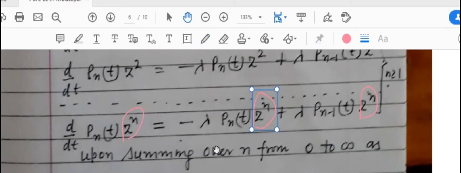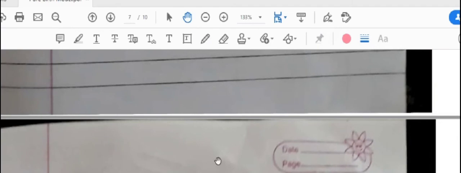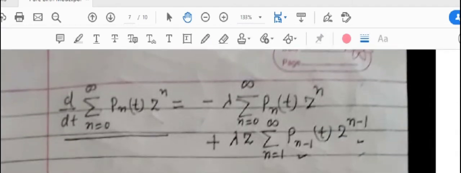Now, upon summing over n from 0 to infinity, all are added. Look here, d/dt is outside, and the sum over n from 0 to infinity of p_n(t) z to the power n. All are summed.